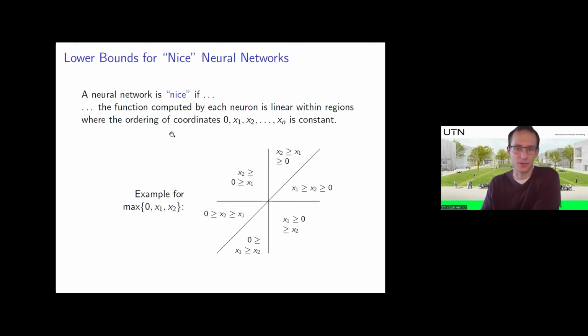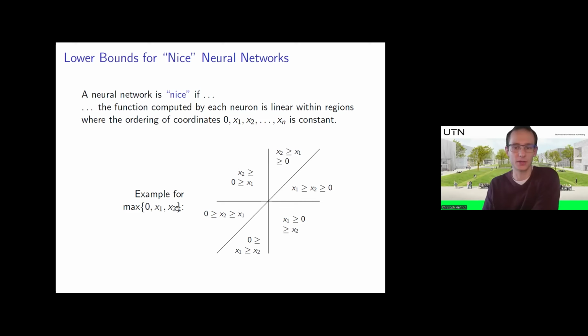So for a nice neural network, you always need to think that we want to compute the maximum function. So the maximum function should somehow be invariant as long as the order of the inputs doesn't change, right? So the idea would be that in our neural network, the linear regions don't break within one of these regions.